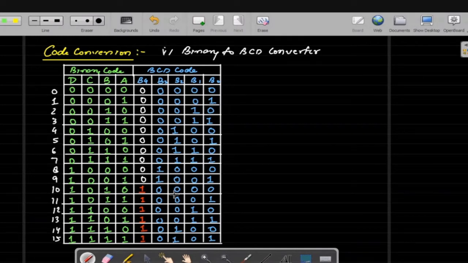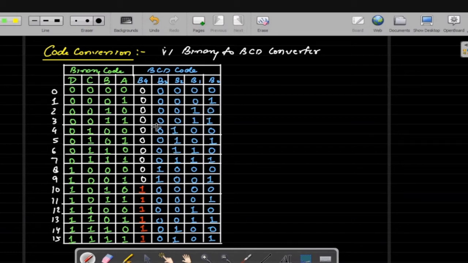So first of all, tell me, is this table clear to all of you? Yes sir. Okay. And now our task is, because these A, B, C, D are our inputs, and B0, B1, B2, B3, B4 are our outputs. Okay, so there are certain conditions.